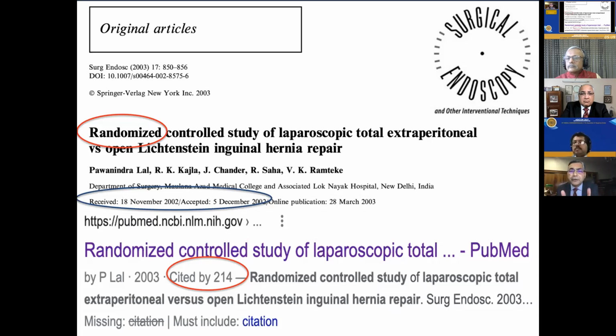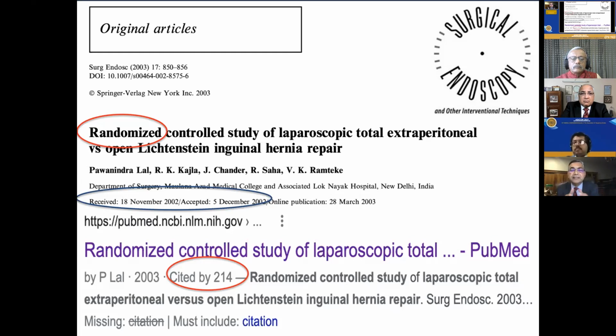So I want to tell you, numbers are not important. It is the integrity, the I of the 8 I's which previous speakers told and Dr. Lakshman spoke of, integrity of the study. I think it was the integrity of the study that made it, as we submitted it on 18th of November and it got accepted within 2 weeks, on the 5th of December, and it got published. It is the first RCT from India on TEP and open hernia repair ever.